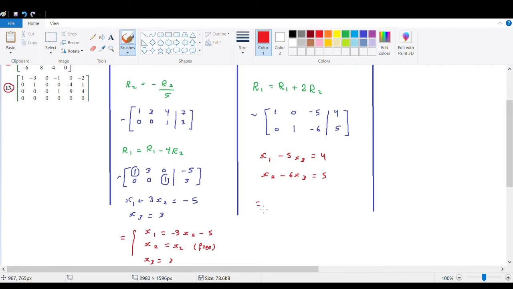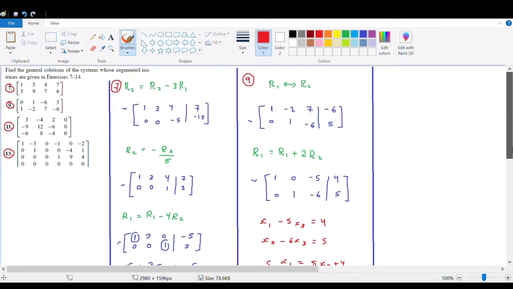So to write the general solution, x1 is equal to 5x3 plus 4, x2 is equal to 5 plus 6x3, or let us write it as 6x3 plus 5. So here we have 6x3 plus 5, and we know that x3 is equal to x3, that means it is a free variable. So this is the general solution for number 9.